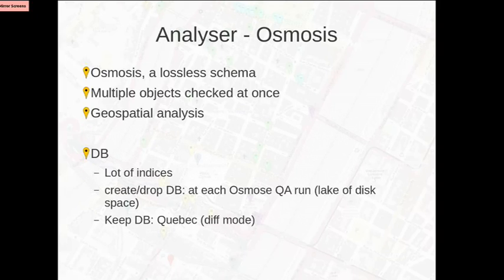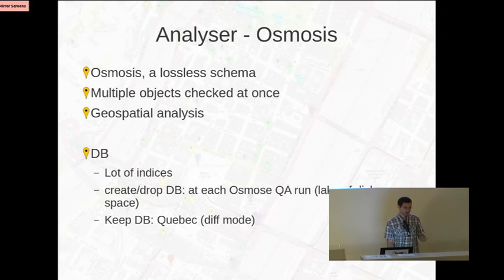The other kind of analyzer is Osmose. So Osmose uses a database. We load an area in the database and do geometric and topologic checks. This is the part that takes a long time for each area, for each country.